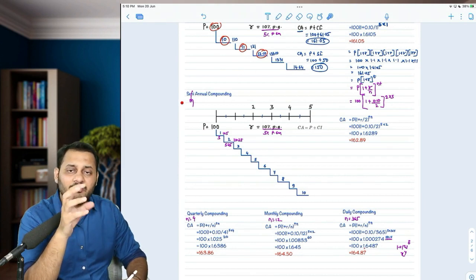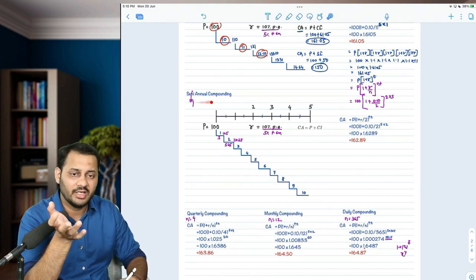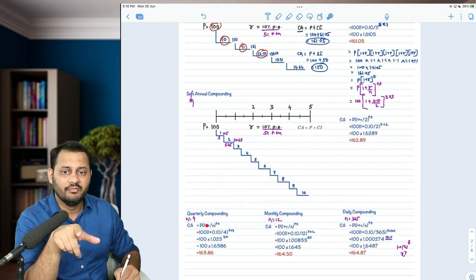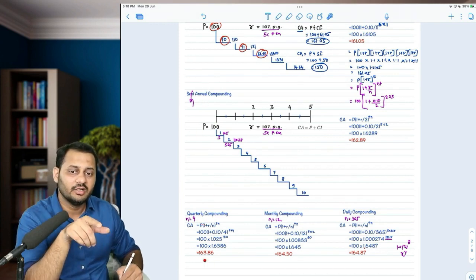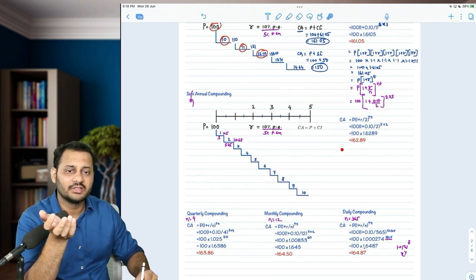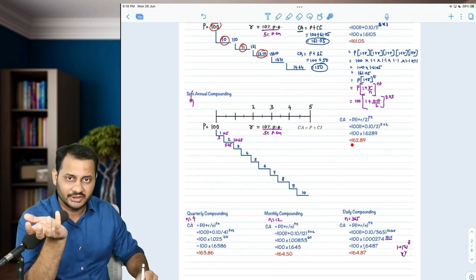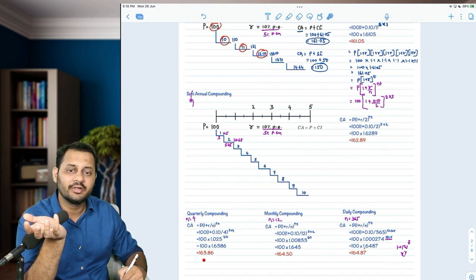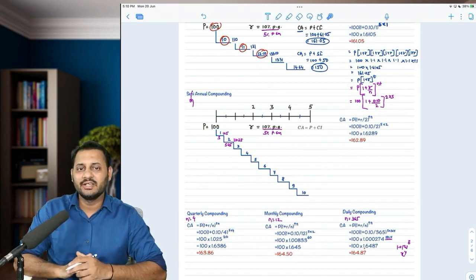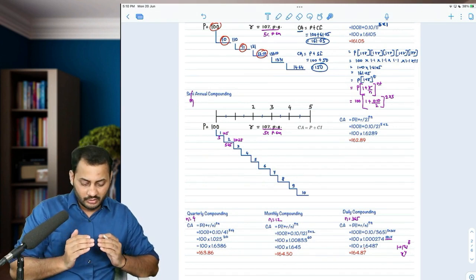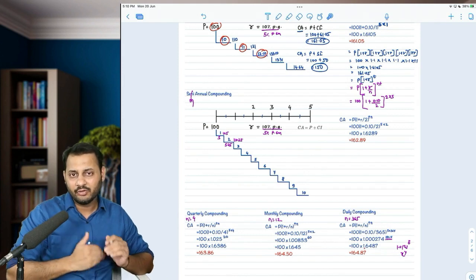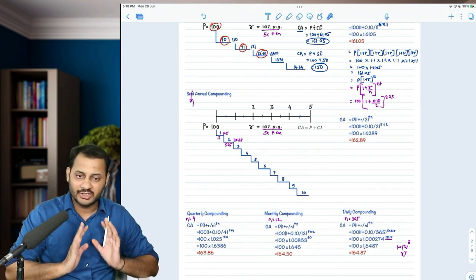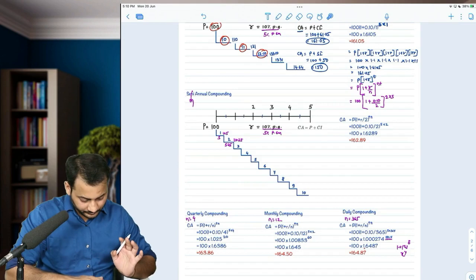But when we compounded more often, like semi-annual, we received more money. When we compounded quarterly, which was more often than semi-annual, we received more than what we received before. It was 162.89 here, it is 163.86, then 164.50, 164.87. So you can clearly see that the more you do the compounding, the more you will add to your wealth. Okay, that's very, very clear.